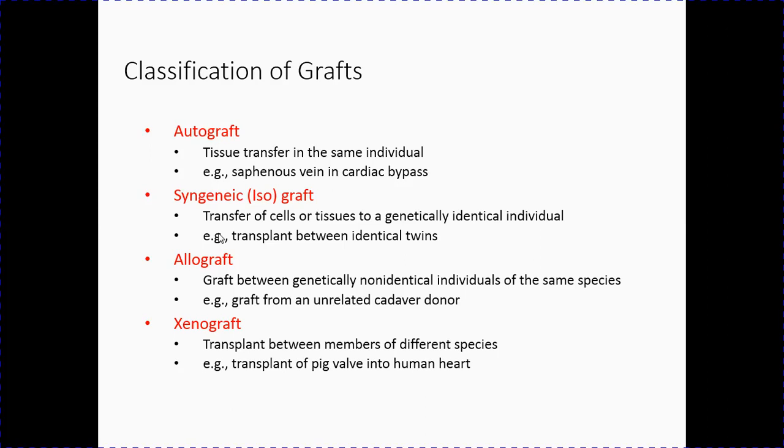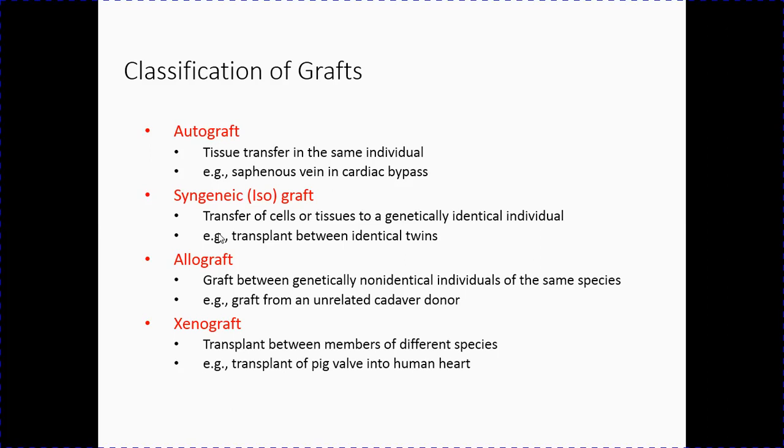We're going to see 2 examples of that in just a moment. Allorecognition is the first step in a series of events that ultimately leads to some form of T-cell activation. May cause antibody production, but ultimately it's designed to reject grafted tissue.